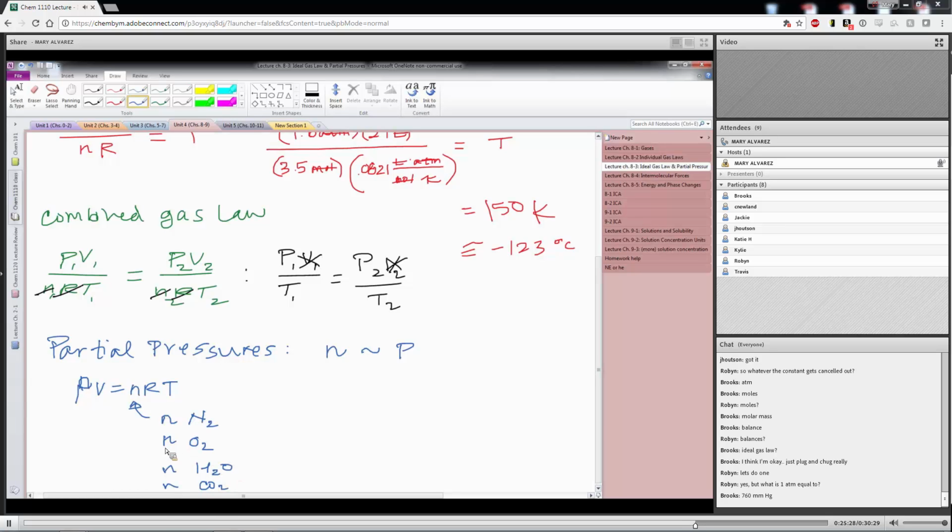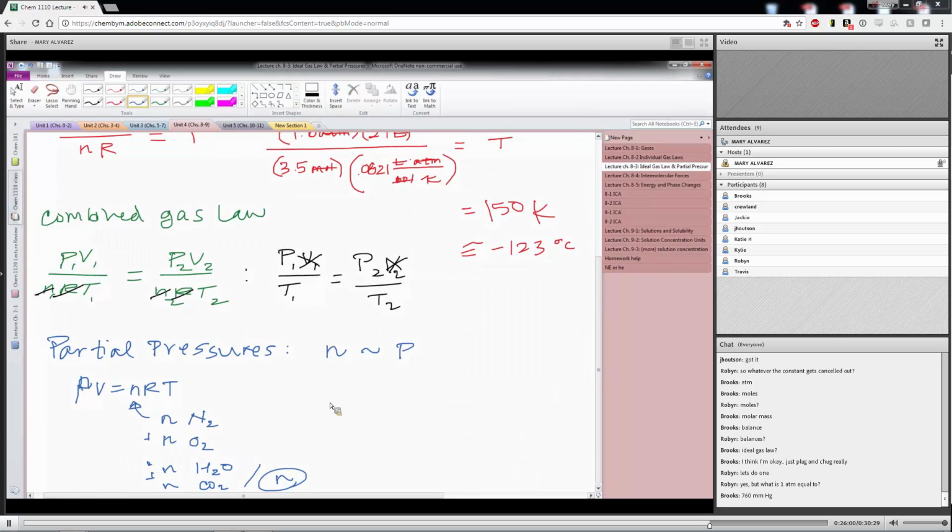I mean, air is a complex mixture of all sorts of things, but really, you just add all these up, and then the total number of moles is what you could plug in here, okay? And since the number of moles is directly related to the pressure, then we can say for any mixture, the pressure being exerted by a particular gas is directly related to the number of moles of the gas in that sample.